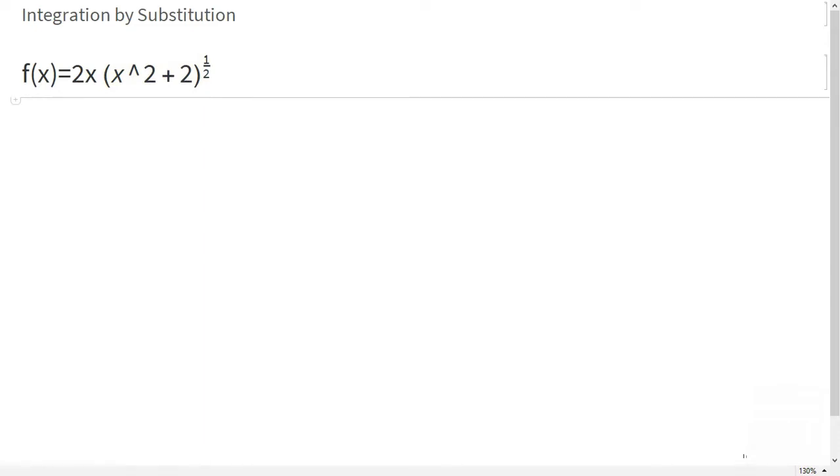So you can immediately guess that we can take x squared plus 2 equals u, and we substitute this, and du is just 2x, right? So let's do that.